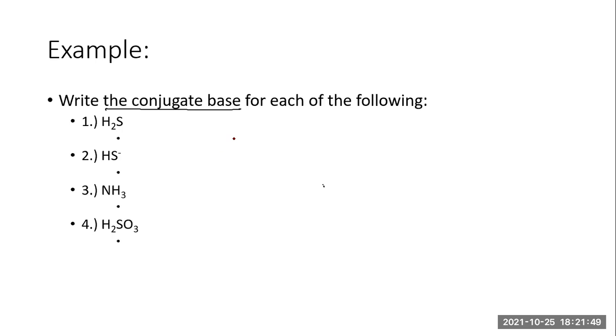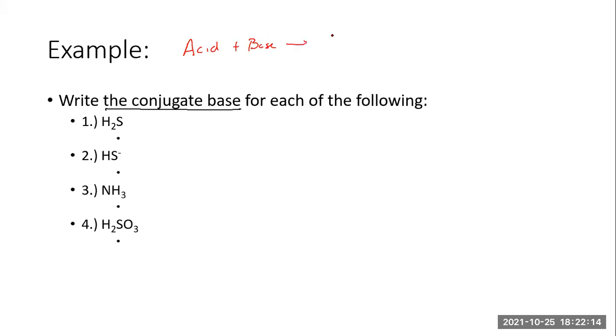Okay, so we want the conjugate base for each of these. Sometimes, when you're given a problem like this and they ask you to write the conjugate base or write the conjugate acid, it's really important to think about things backwards, in the sense of where it came from. Generically speaking, if we have an equation, it's acid plus a base.